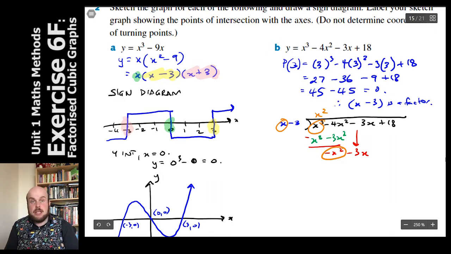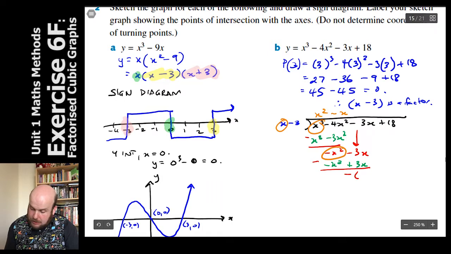Negative x squared divided by x is going to be negative x. Negative x times x is negative x squared. Negative x times negative 3 is positive 3x. So that's going to make that negative 6x plus 18.